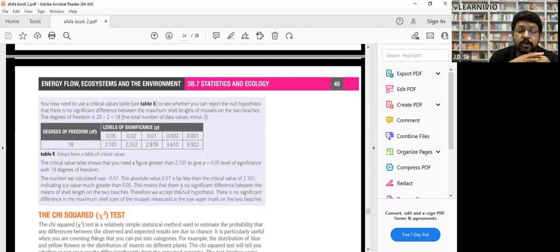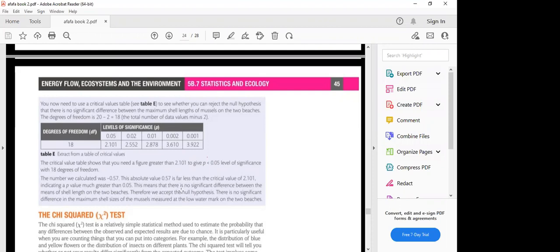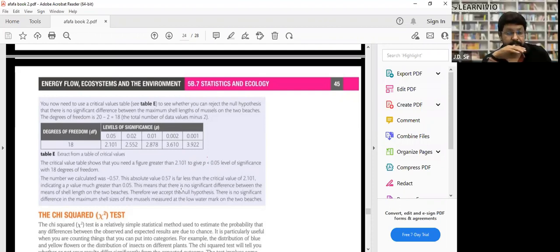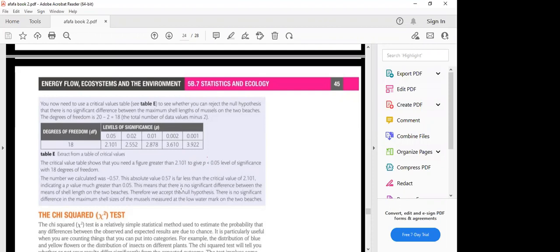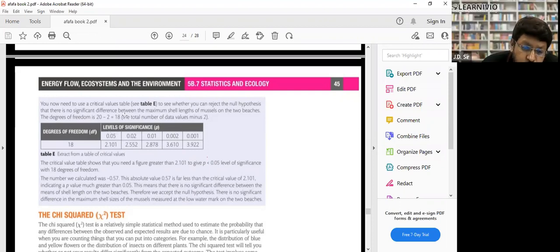If it is 0.01, 0.02, 0.03, then it is significant. Where did you get these values from? Well, these values will be given to you in the table. You will get this table in the question along with your question.